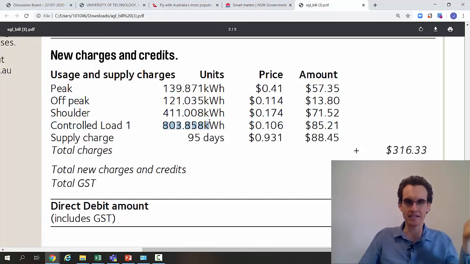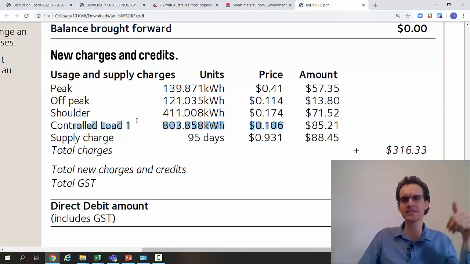That, incidentally, is related to my hot water service. My hot water service over the quarter used 803 kilowatt hours of electricity. Lucky it's on the controlled load, so it only cost me 10.6 cents per kilowatt hour. They report and send me this invoice post usage and then I pay.